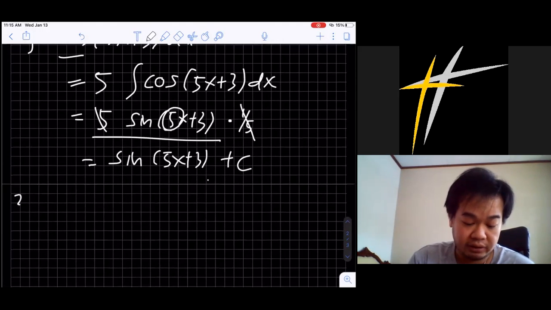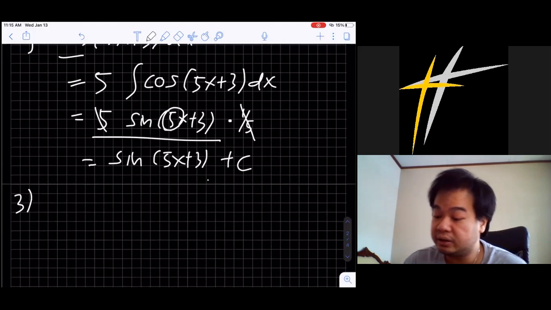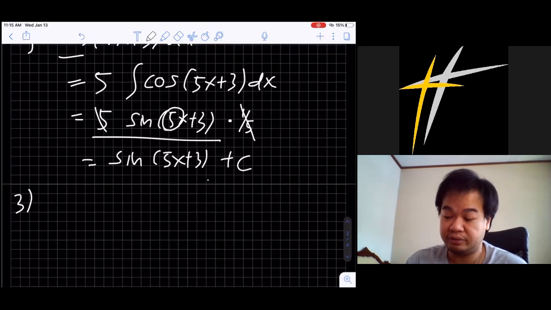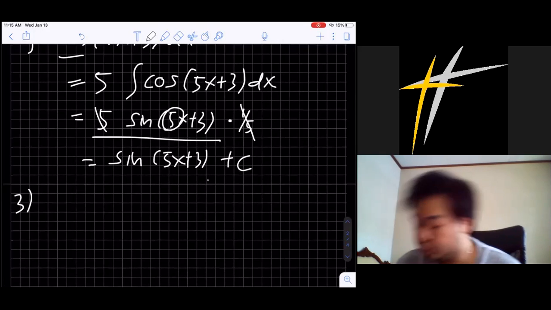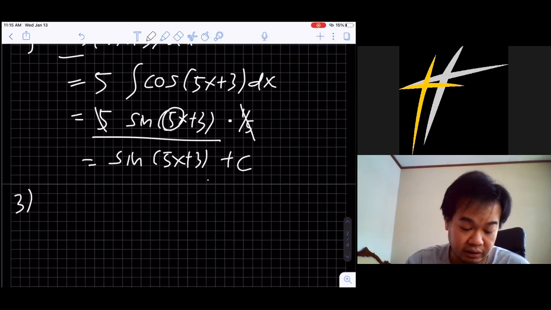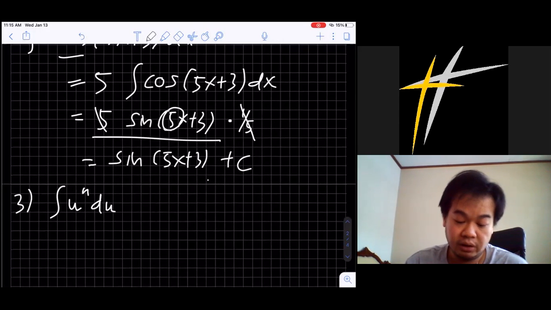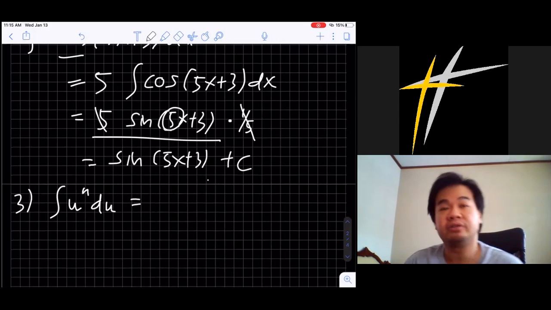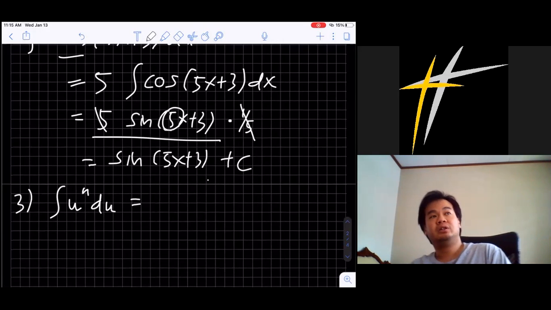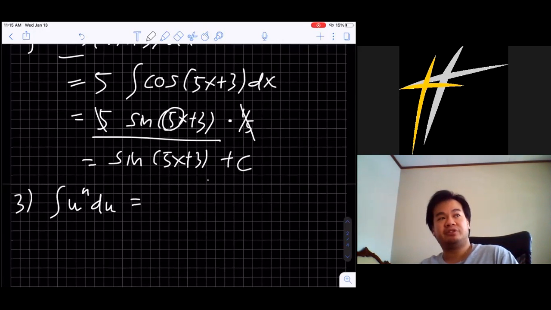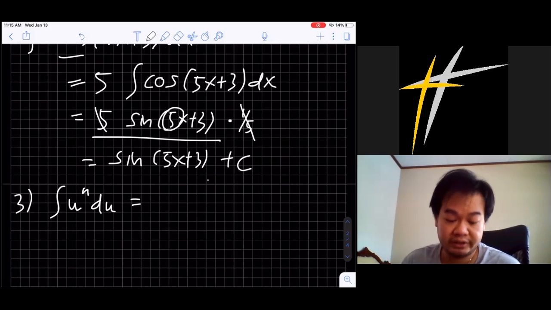The next property is the integral of a power function. So in your book, page 200, it's written that the integral of u power of n du is equal to, of course, like the integral of x power of 4 will come from x power of 5 and then multiplied by 1 over 5 to cancel the coefficient, right?